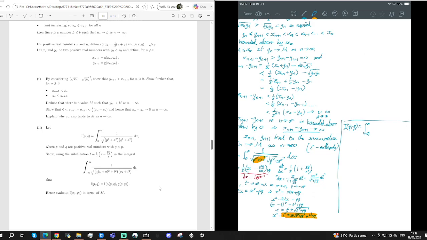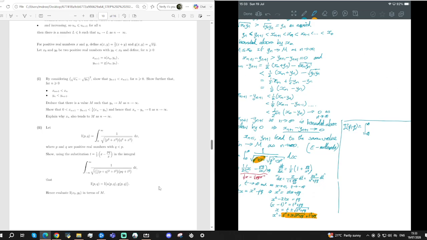Now that plus p squared doesn't look like it does anything nice. Unless the question's implying I should be doing this whole thing the other way round.